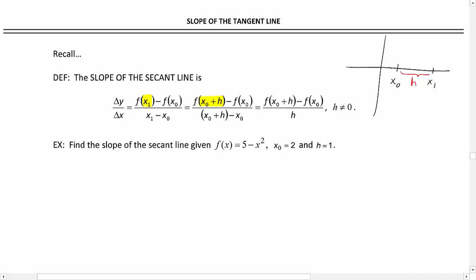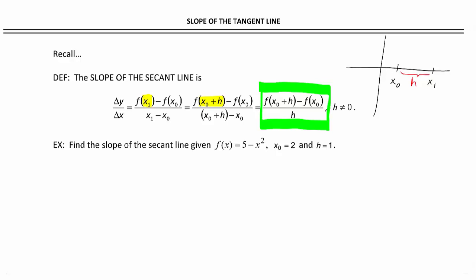And we can do the same thing in the denominator, so this will simplify that the slope of the secant line is f of x sub 0 plus h minus f of x sub 0 all over h, where of course h is not equal to 0. And if h was 0, that doesn't really make sense, because then the 2 points would be on top of each other if there was no distance in between them.